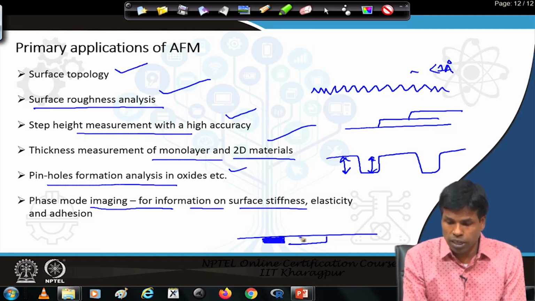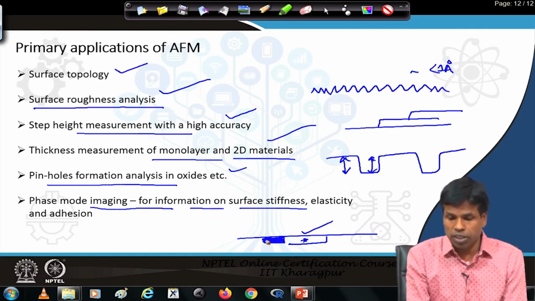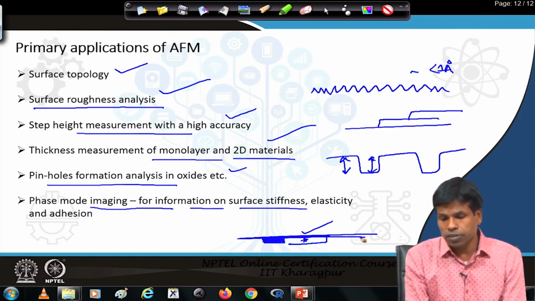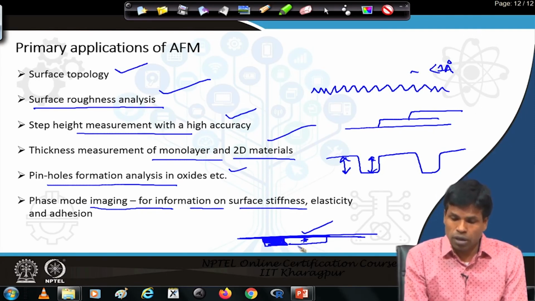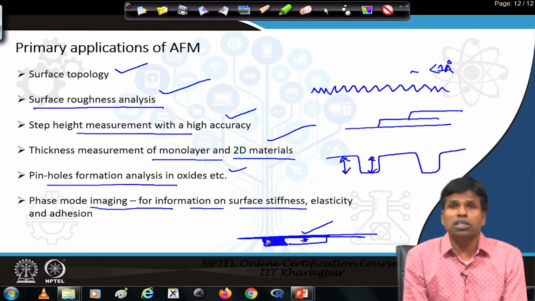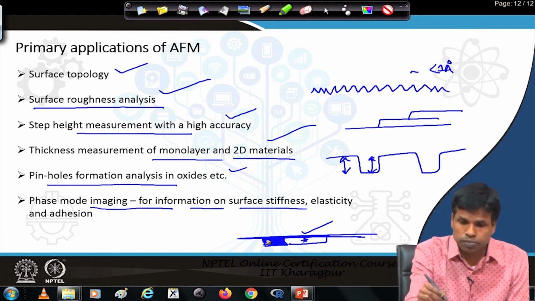This region is different and this region is different. So, even though the surface is at the same height, as the materials are different, they will have different characteristics. Those things can be measured by the atomic force microscope.